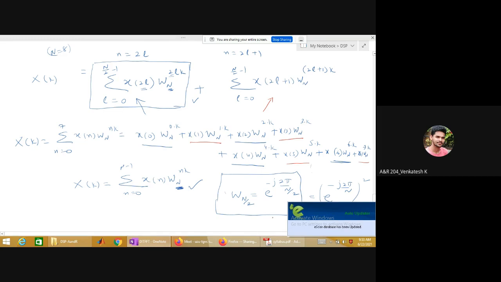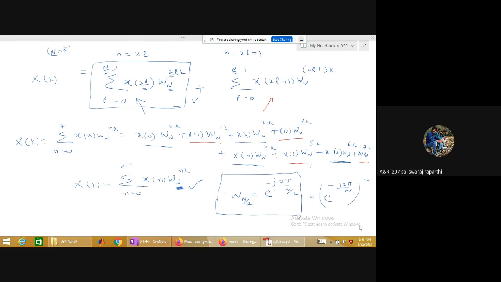Yes, sir. 4. Yeah. If you take 2 in the numerator, it will be 4 pi actually, isn't it? Yes, sir. So finally, it can be written as w base n square.